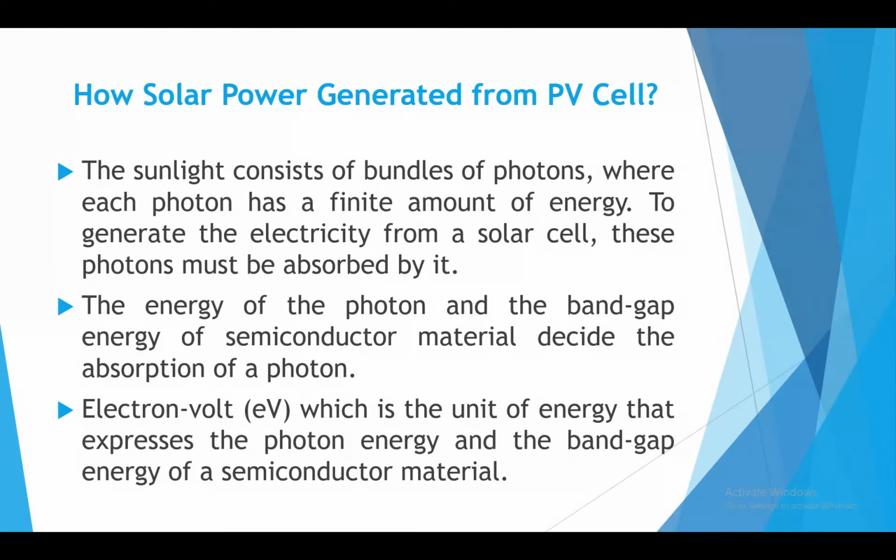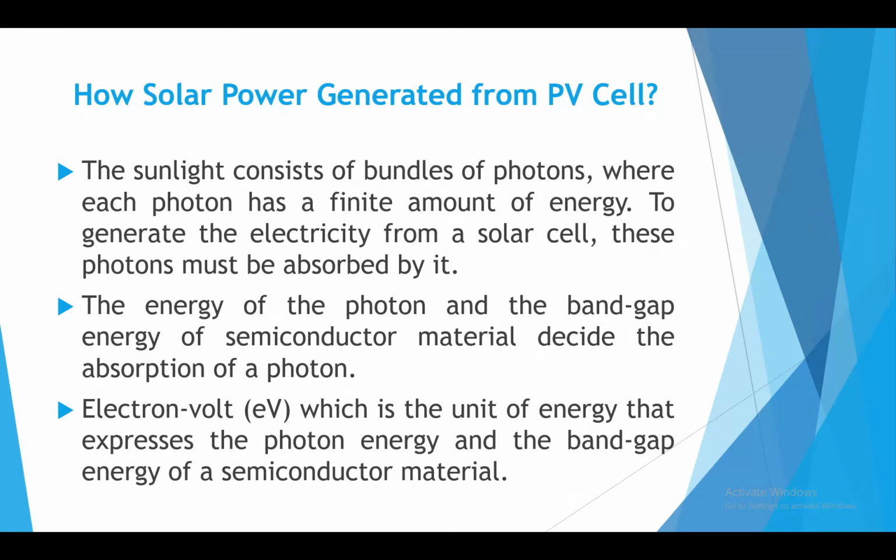The sunlight, which is the source of this energy, consists of bundles of photons, where each photon has a finite amount of energy. To generate electricity from a solar cell, these photons must be absorbed by the solar cell.